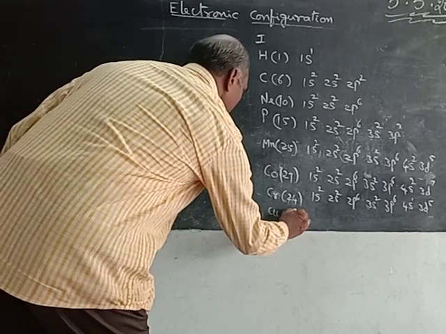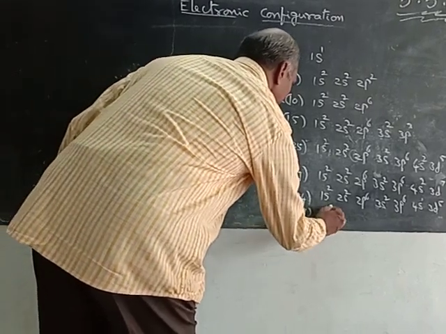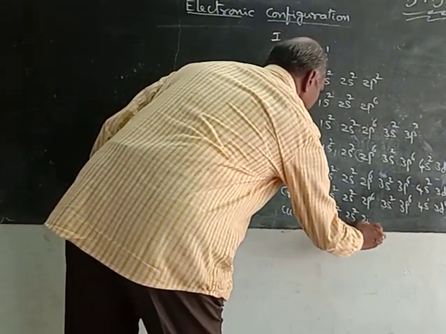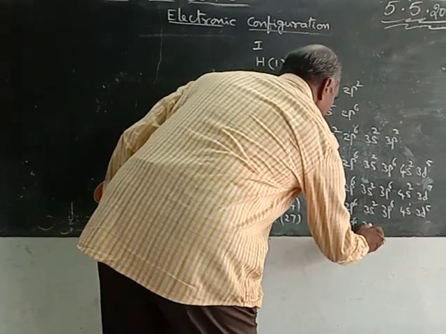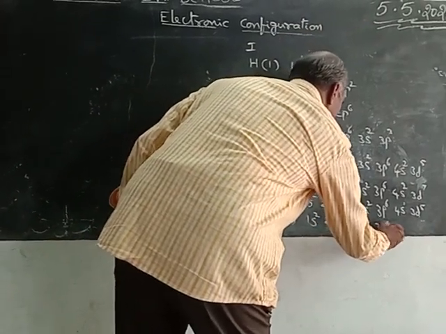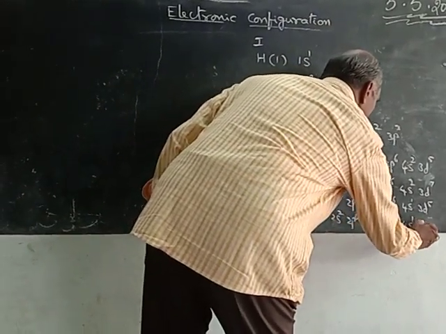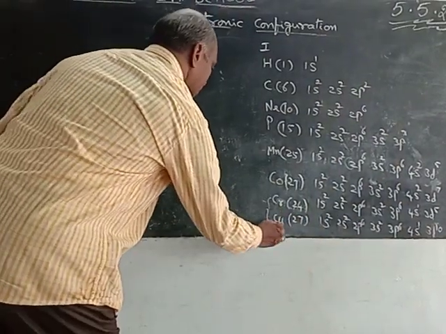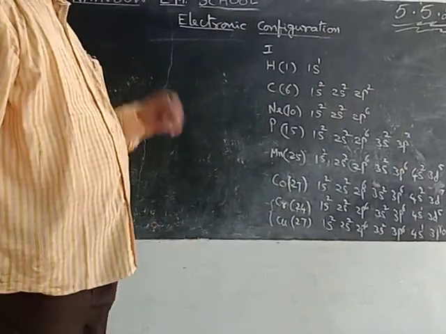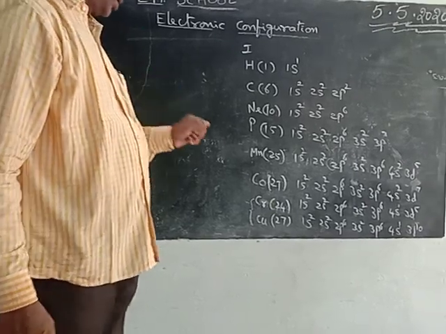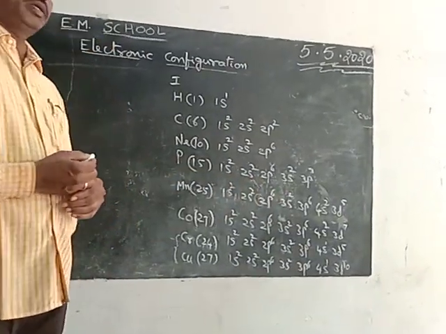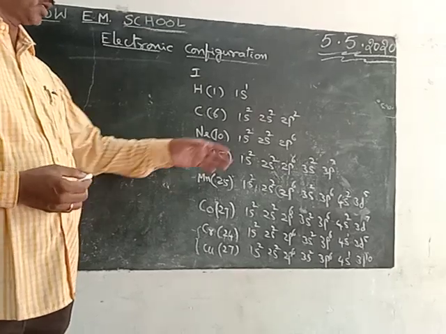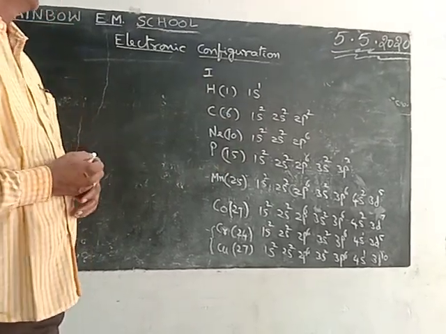Copper 29: 1s2, 2s2, 2p6, 3s2, 3p6, 4s1, 3d10. In this chromium and copper, electrons in the 4s orbital are only one, remaining electrons are adjusted in the 3d orbital.